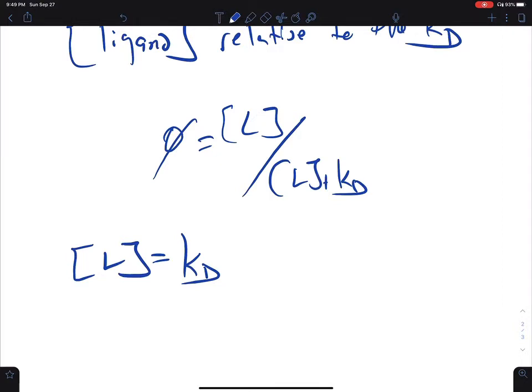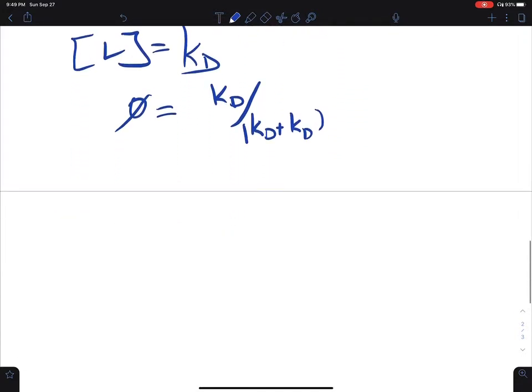Well, if L is equal to Kd, then theta becomes what? Well, we can take this in any direction. So I said here that L is equal to Kd, so I'll keep it there. So then theta is equal to the Kd over the Kd plus the Kd, right? And so here, theta is equal to Kd over 2 times the Kd.